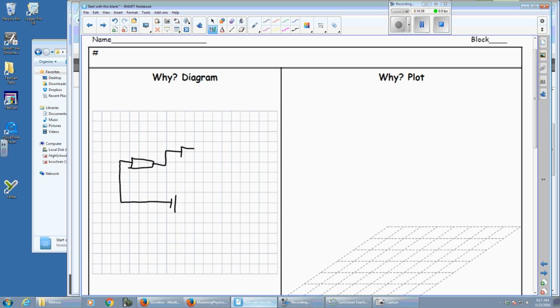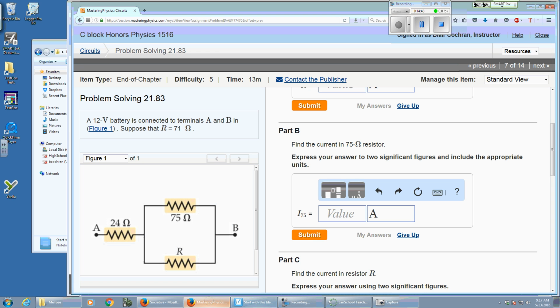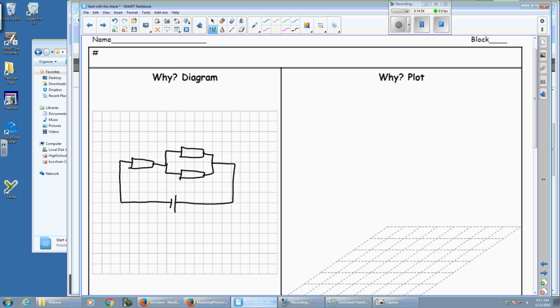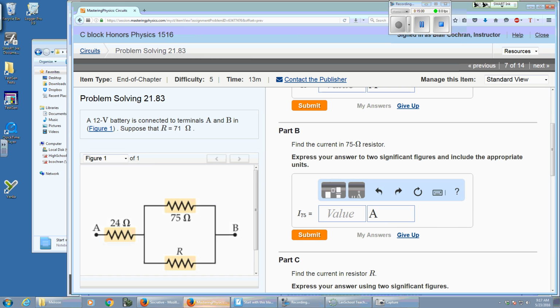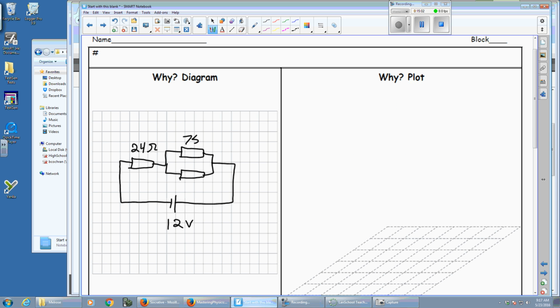Resistor. And let's see, what do I have? 12 volts, R, 24 ohms, 75 ohms, and 71 ohms.